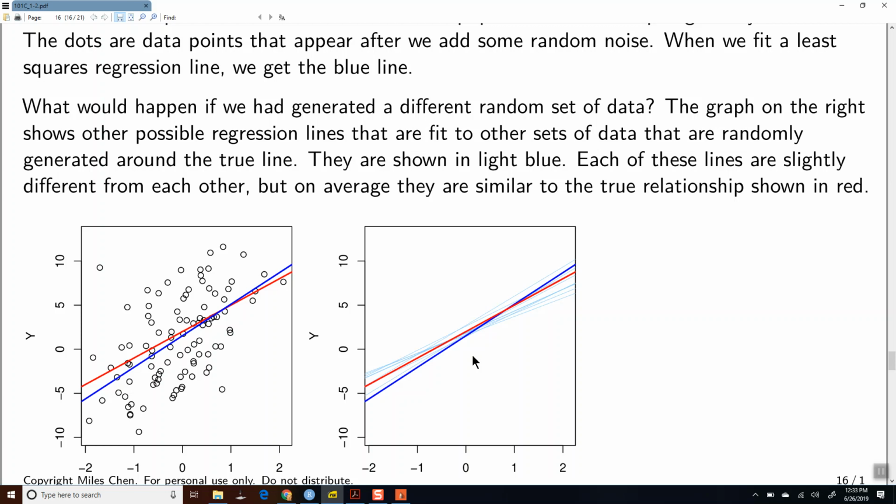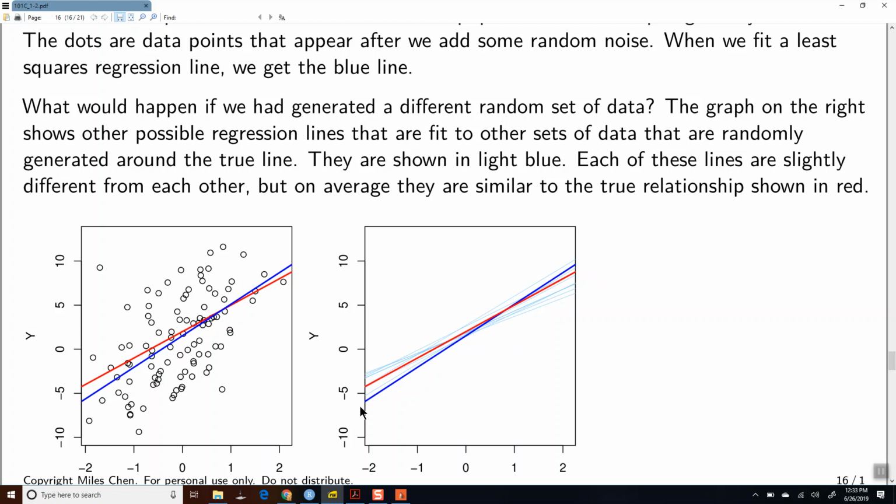And of course, when you are dealing with a data set, you don't know if the fitted line you got is the one that's too steep or the one that's too shallow, because you don't know what the population looks like.